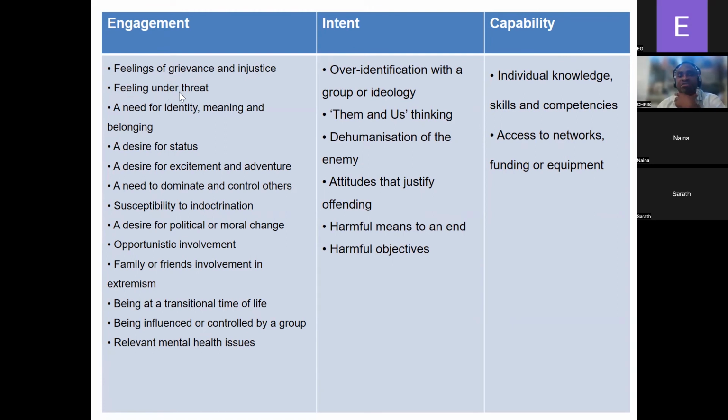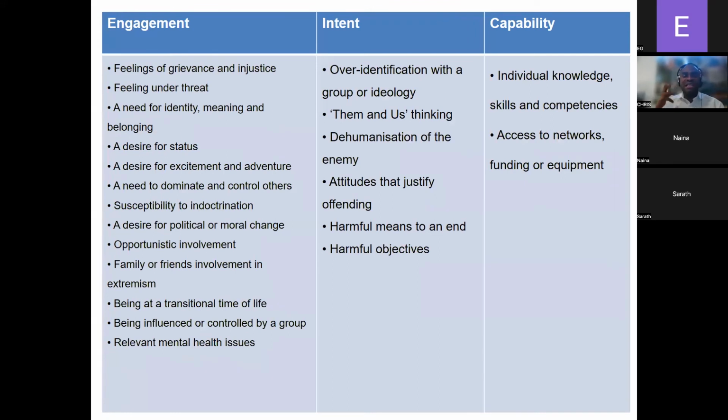Feeling under threat. These are deduced from people who have been involved. When people feel they are under threat, they feel they need to fight back. A need for identity, meaning, and belonging. Sometimes young people particularly have a need for identity. They want to identify with something.